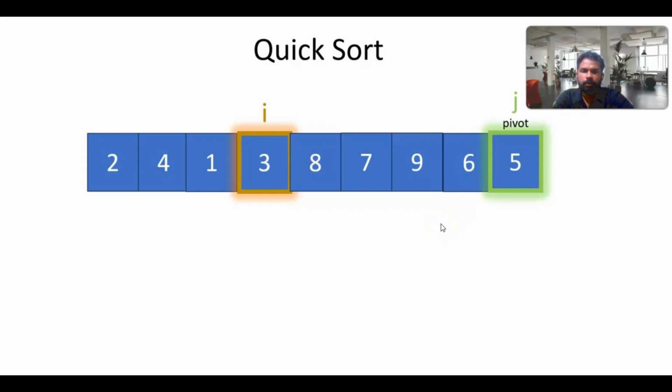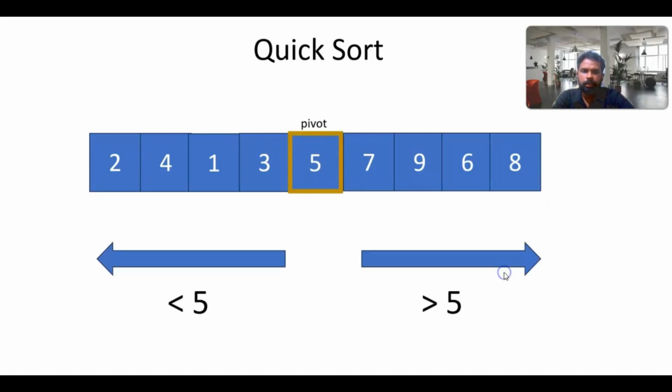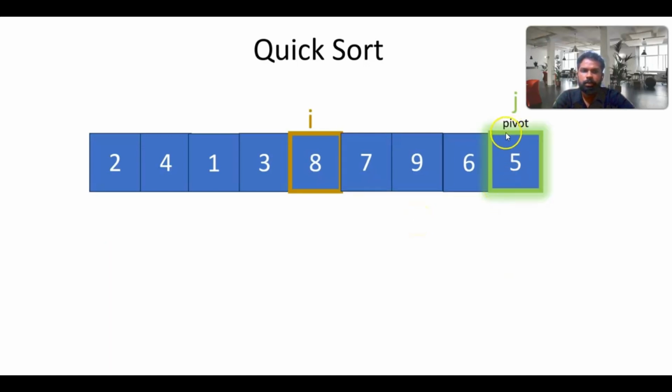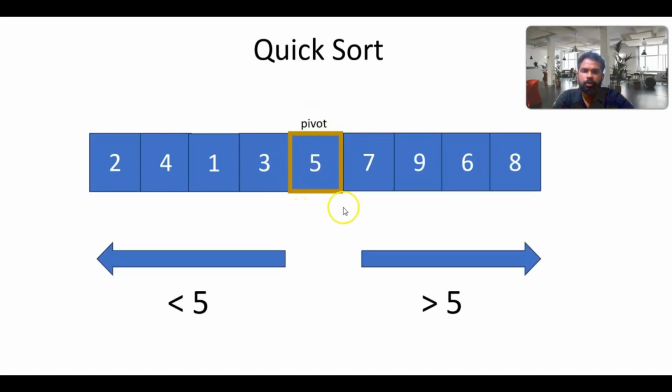So now we have to increment i by 1 and then swap the values of j, the pivot value, and the i value. So the pivot value comes to the middle and the value of i comes to the end.